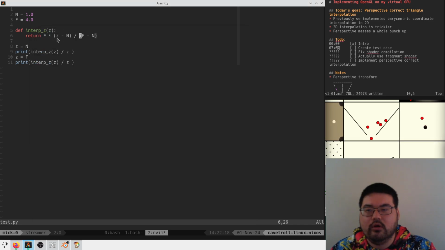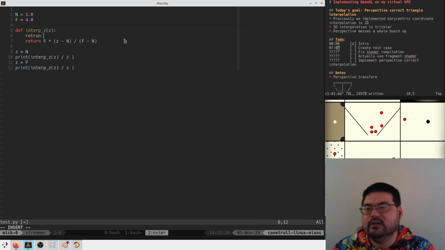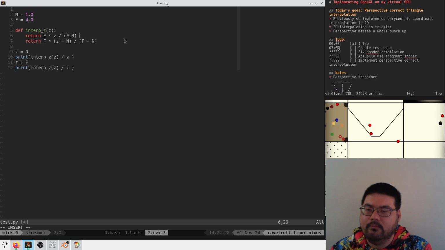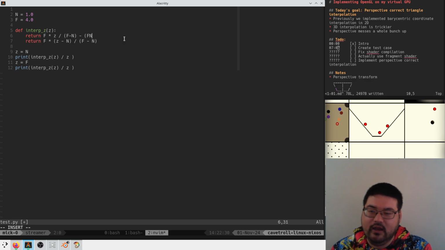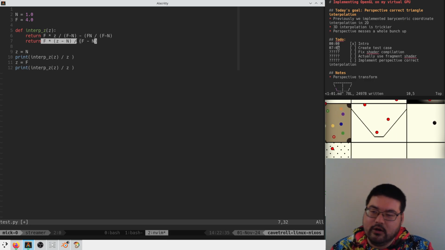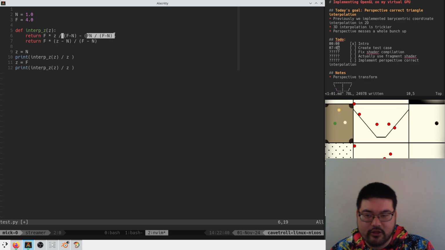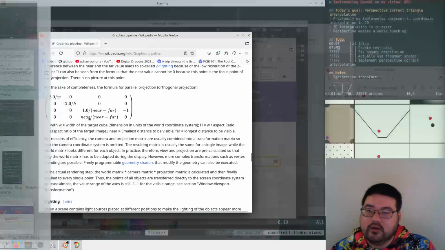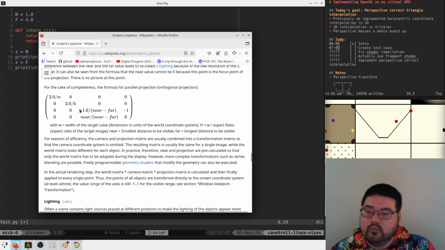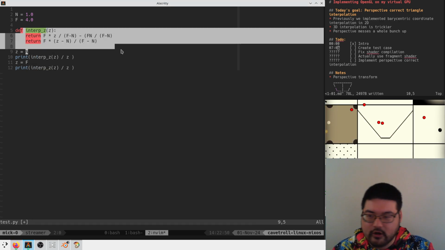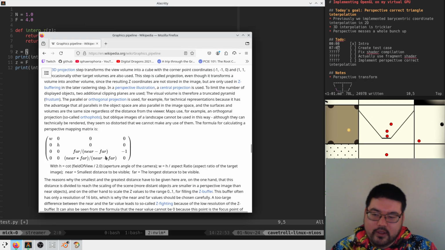I think you can rewrite this as f times z over f minus n, minus fn over f minus n. If you expand this out, you end up with that. And so you take the two terms, one is multiplied by z, the other one not, and you end up with far over near minus far, near times far over near minus far. That's the same thing that we got here. And then, yeah, that's it.